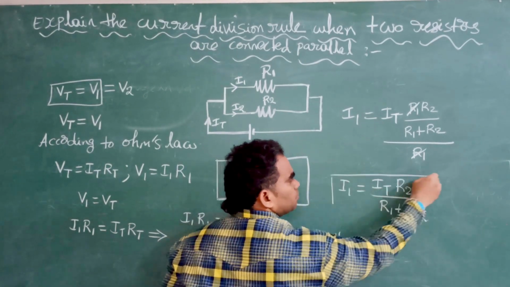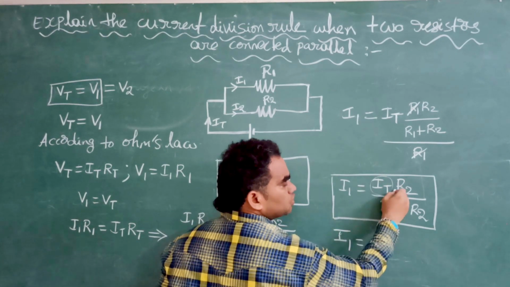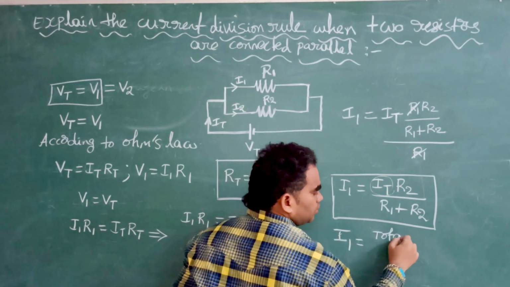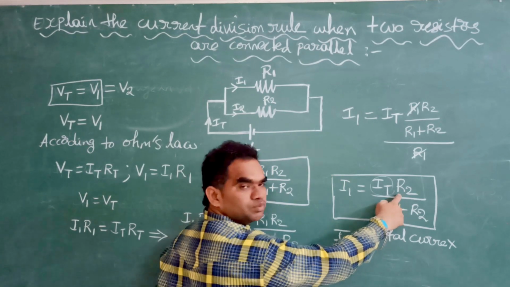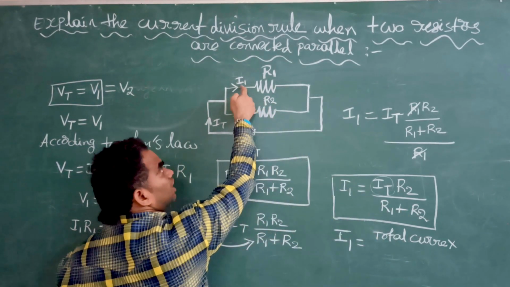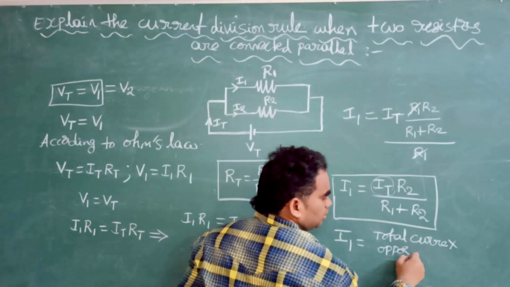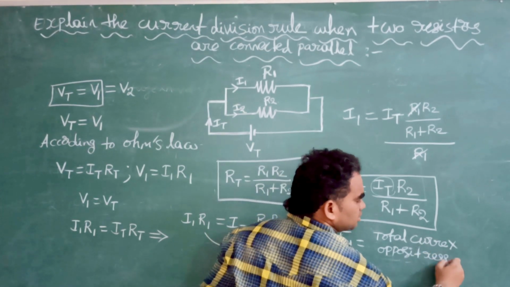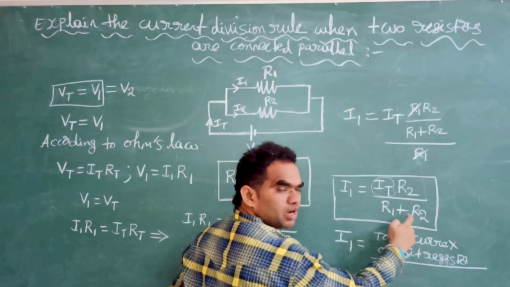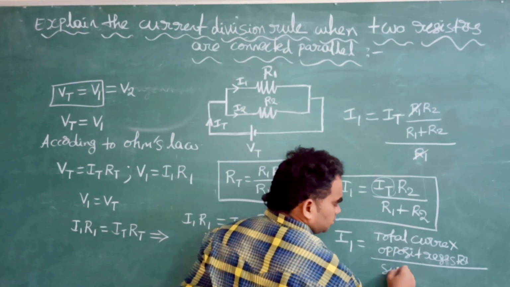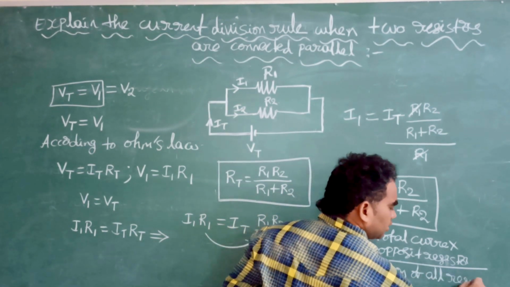This can also be written as I1 is equal to total current into R2, which means opposite resistor, by the sum of all resistors.